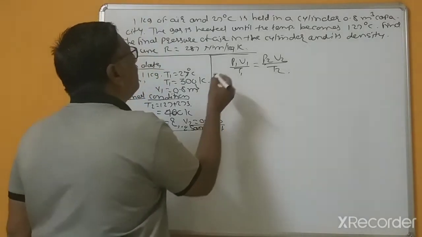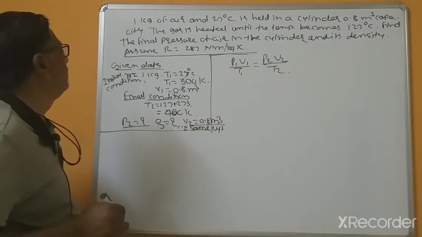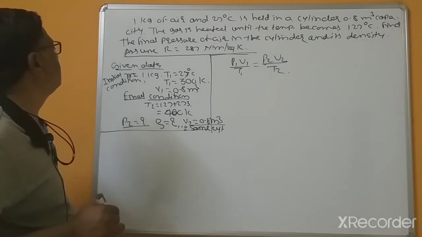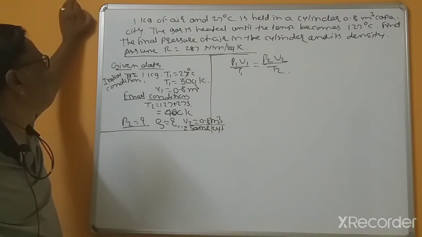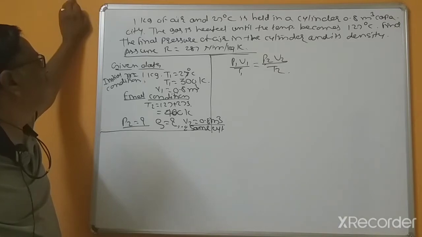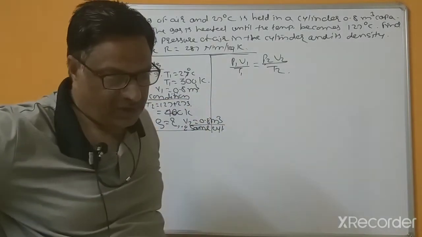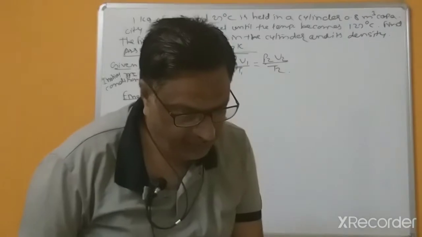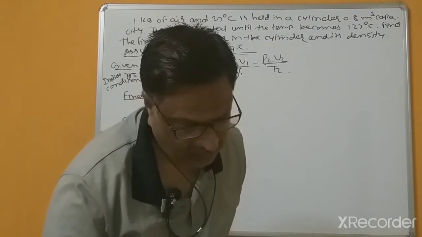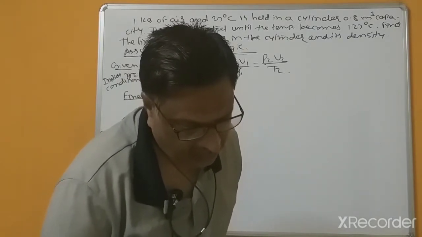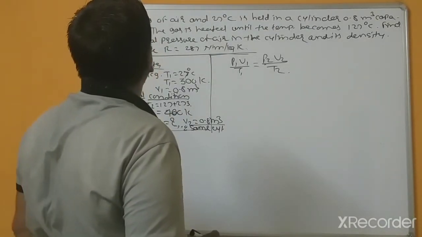One kg of air at 27 is held in a cylinder of 0.8 capacity.